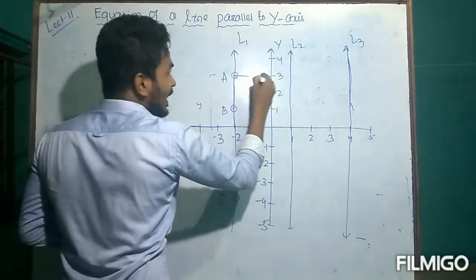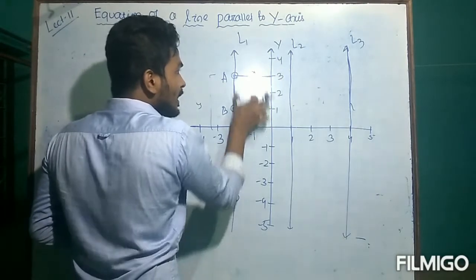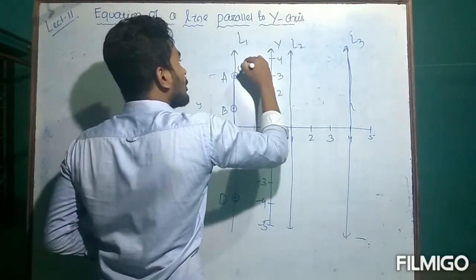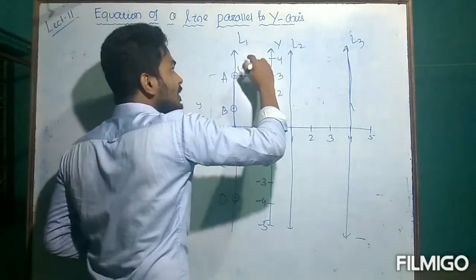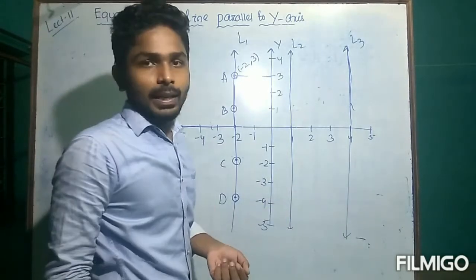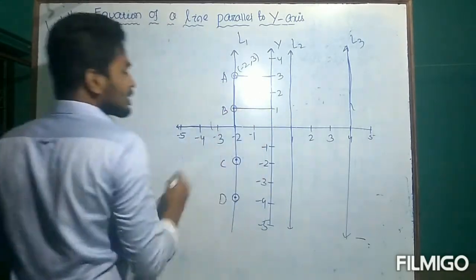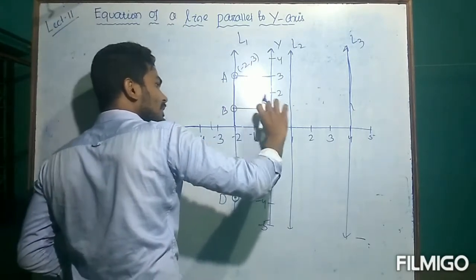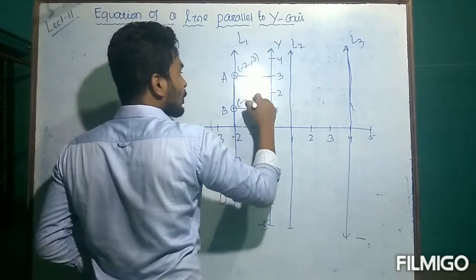Now this is your x coordinate. Since it is a rectangle, this is equal to this. So this is minus 2. Now the y coordinate is this, 3 units. So the coordinate of A is (-2, 3). Let's find the coordinate of B. Draw the perpendicular distance. This is your y coordinate and this is your x coordinate. So the x coordinate is -2 and the y coordinate is 1.